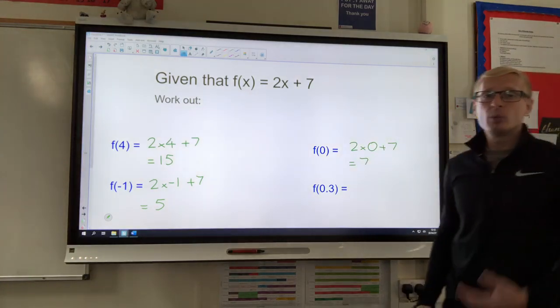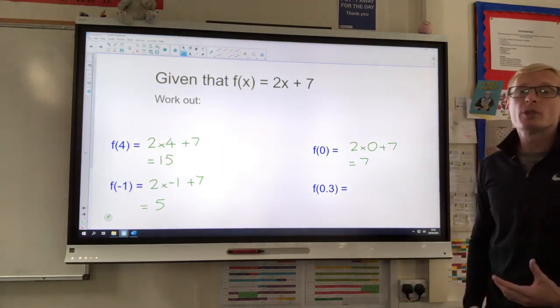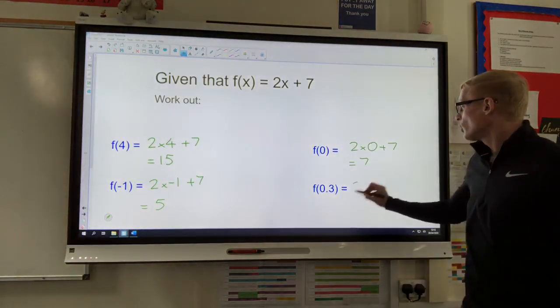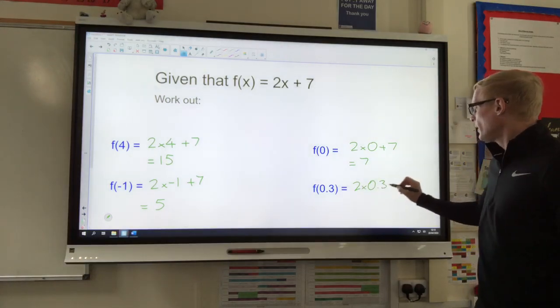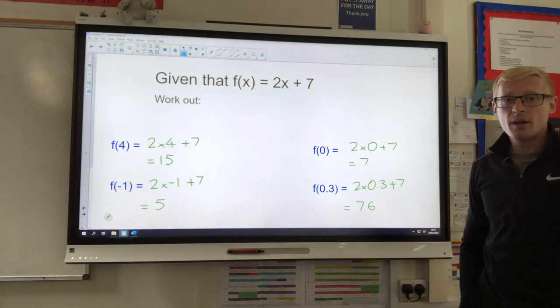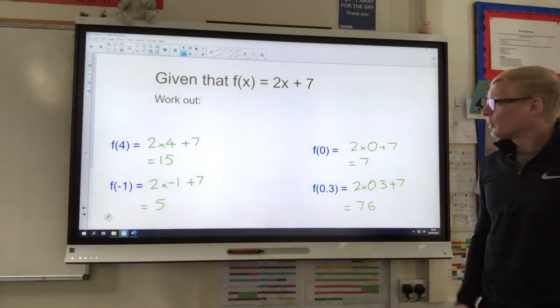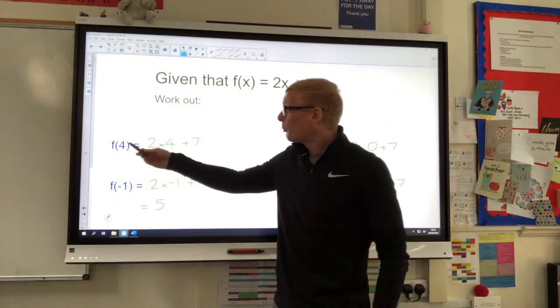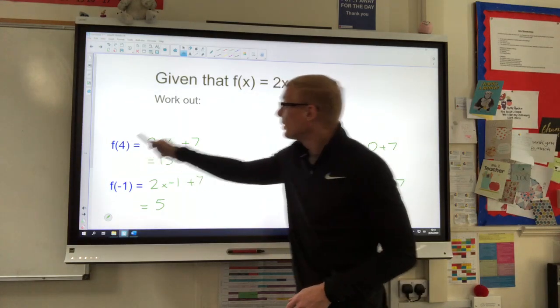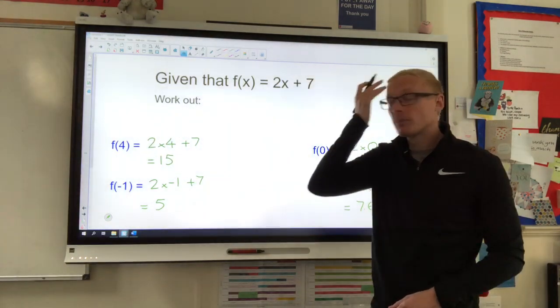And we can do it with decimals as well, or fractions, whatever we want to put into this function is fine. So 0.3 in where x is, so 2 times 0.3 is 0.6, plus 7, so 7.6 is your answer there. So copy those down and just explain that this is the most important part of this first part, is that this number here is being substituted in where x is.